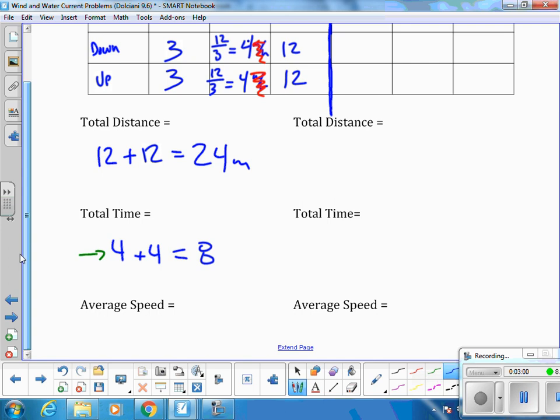And our average speed is our total distance. So we want a total of 24 miles, and it took us 8 hours to do that. And when you divide that out, you end up with 3 miles per hour.